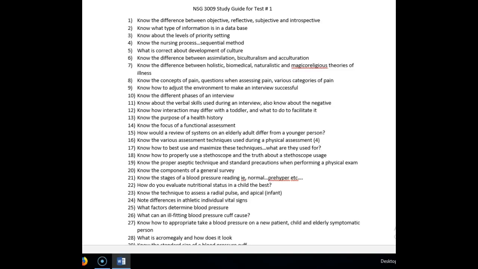For instance, they have the first level, the second level, and the third level. The first level, always think first. This is the first thing that you're going to do. Immediate and potentially life-threatening. So you're going to look at the ABCs, the airway, breathing, and circulation, and the vital signs.